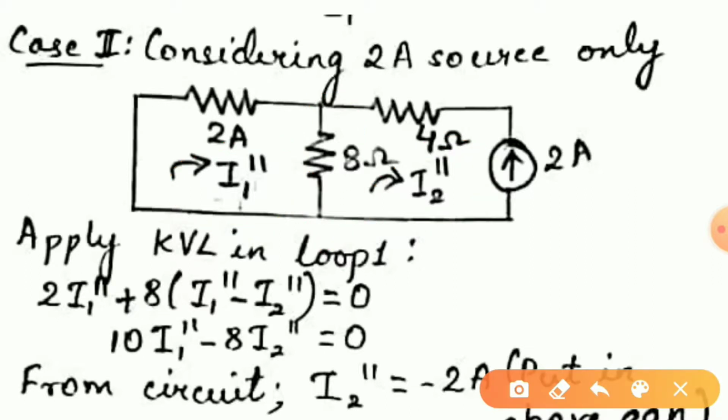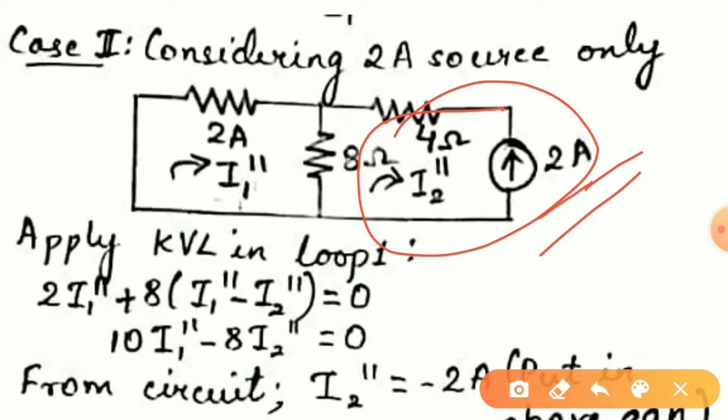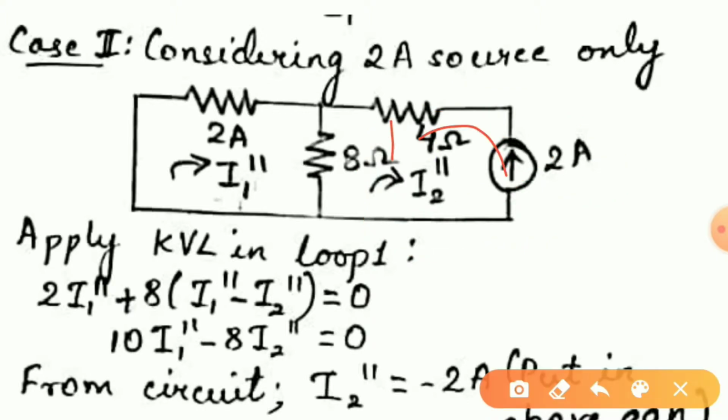From the circuit, we can straight away say that current flowing in loop 2 will be equal to 2 ampere. We need to make note of the direction of the sign convention for I2 double dash we have assumed and the direction of the current source given. The current source flows in this direction while our assumed sign convention of I2 double dash is in this direction, which means the directions are opposite. So the value of current I2 double dash will be minus 2 ampere.